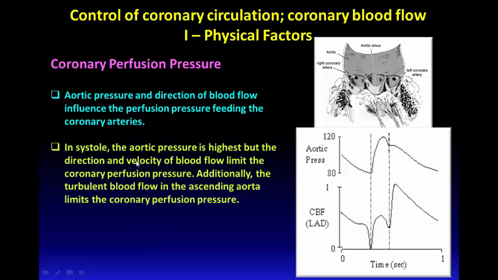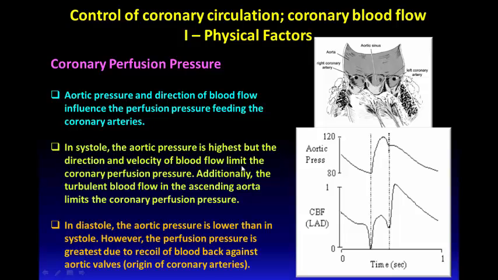In systole, the aortic pressure is highest, but the direction and velocity of blood flow limit the coronary perfusion pressure. Additionally, the turbulence of the blood flow in the ascending aorta during systole limits the coronary perfusion pressure.